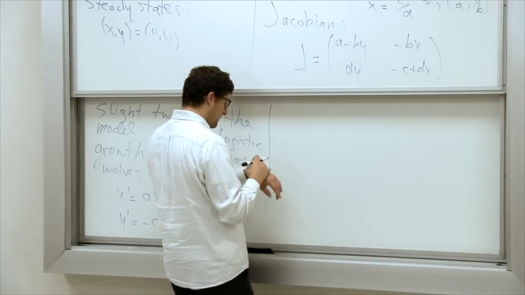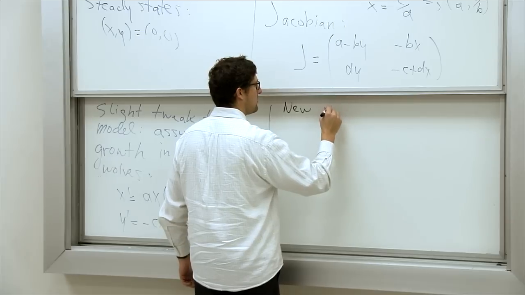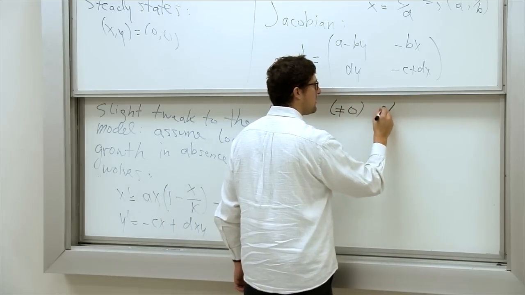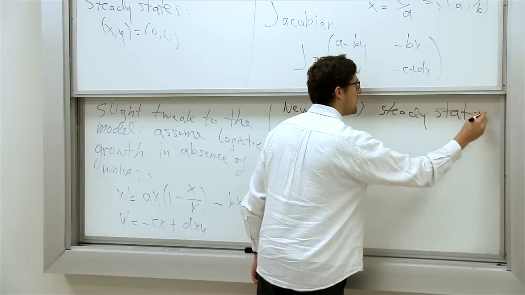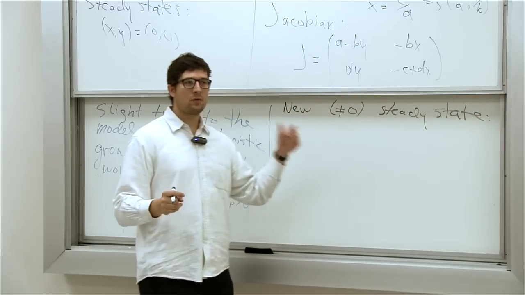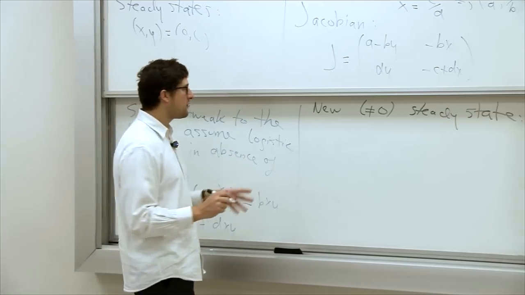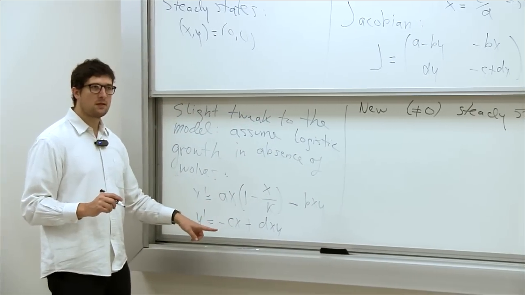So let's calculate the new steady state that is non-zero. I mean, the steady state 0 is still there, not a problem, right? But what happens if we set x and y different from 0 and we're looking for a steady state?